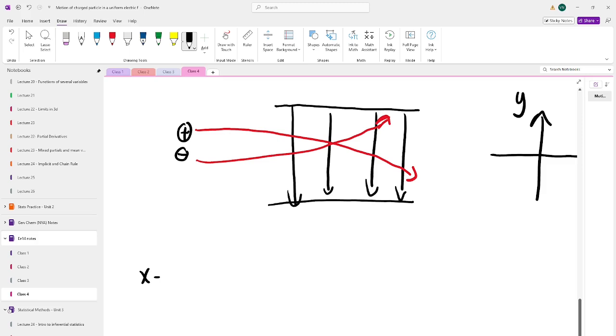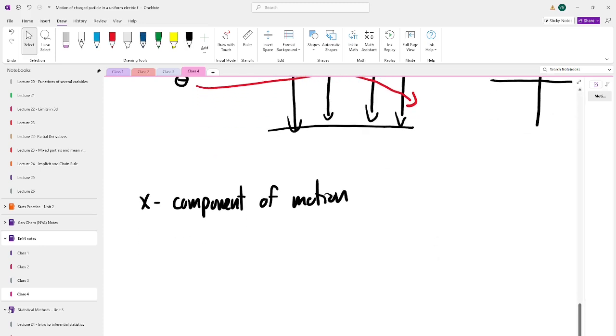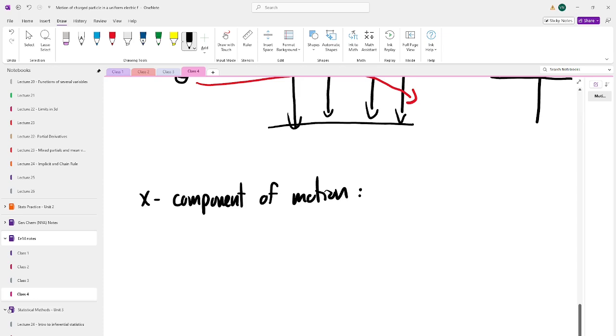So the x component of motion has the following equation. ax equals 0. And it can also be said that v naught x, meaning the initial speed in the x direction, is equal to vx, the speed of the particle in the x direction over time, which is constant.